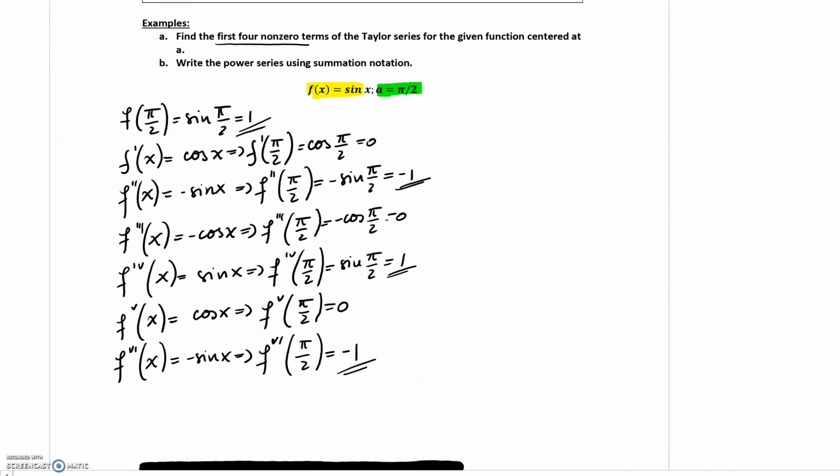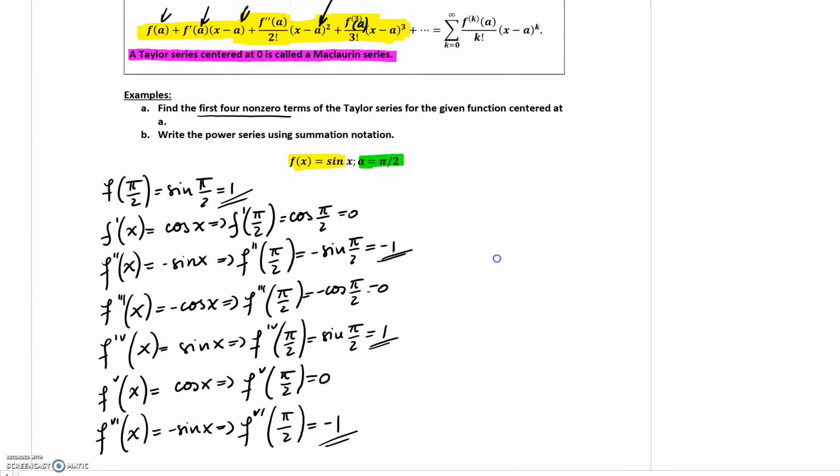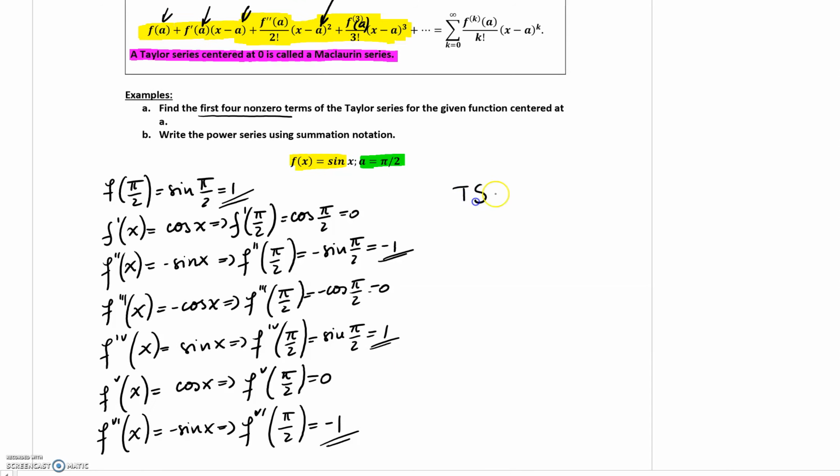So now, what does that mean? It means that our Taylor series can be written f of pi over 2, so that's 1, plus the first derivative, that's 0. The second derivative is negative 1 over 2 factorial, x minus pi over 2 to the second.